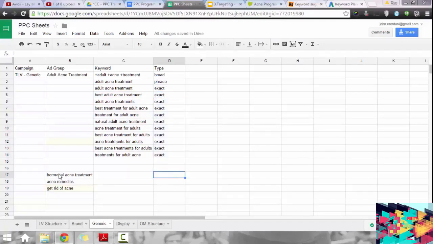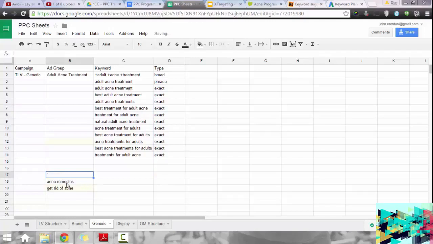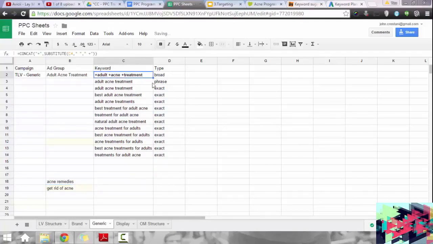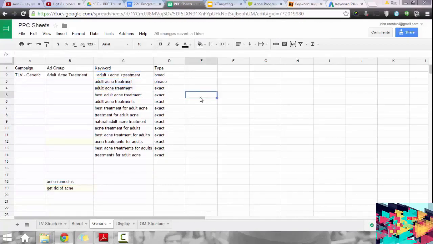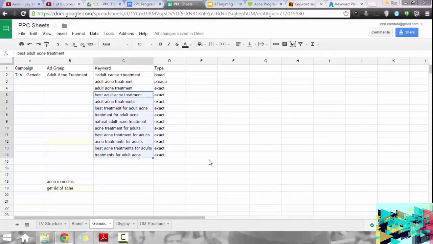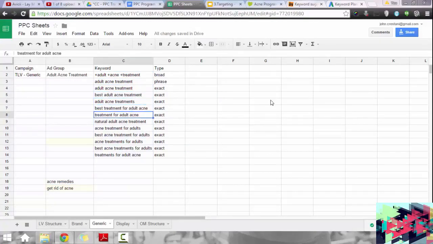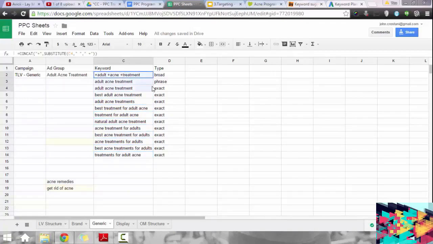Now this is a really solid ad group. I'm actually going to get rid of hormonal acne treatment because I think you're getting the idea. But notice, remember, root keyword, I'm putting that in phrase and exact as well. Then I have these keywords right here. So this is 1, 2, 3, 4, 5, 6, 7, 8, 9, 10, 11. Then we have these three guys up here.